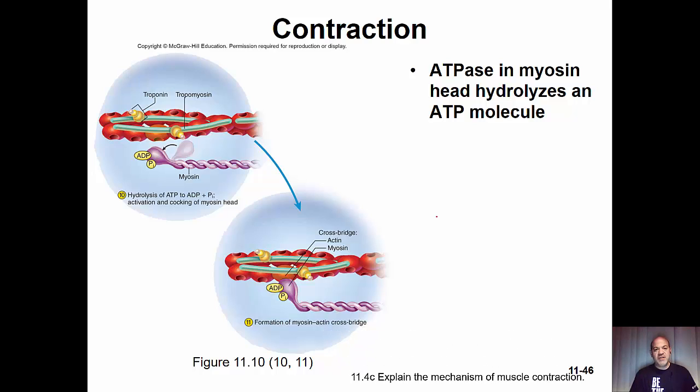And so at this point, we're going to progress into the contraction phase. We're going to follow this little diagram that takes us through a cycle. We're going to start with step 10 in this process. What's going to happen here is ATP is going to come and bond with the myosin head.